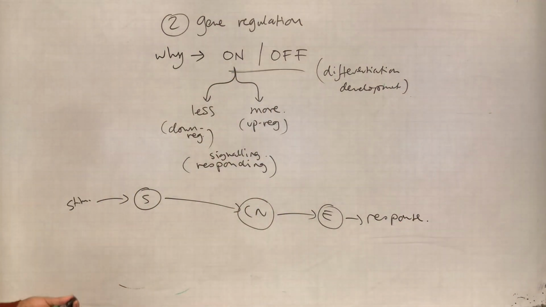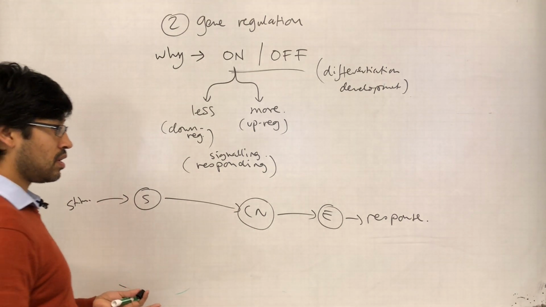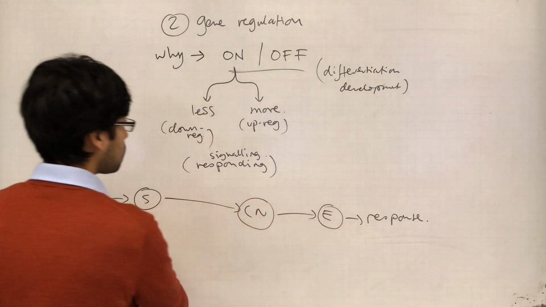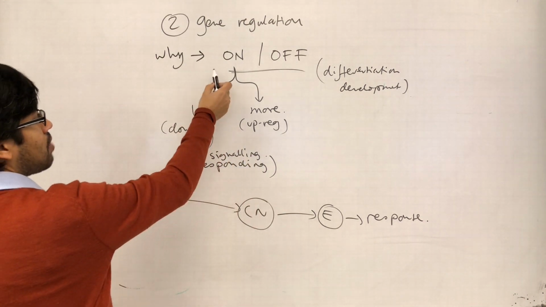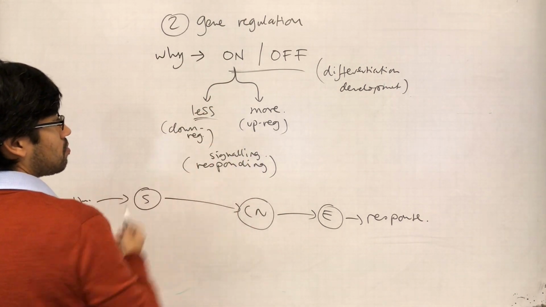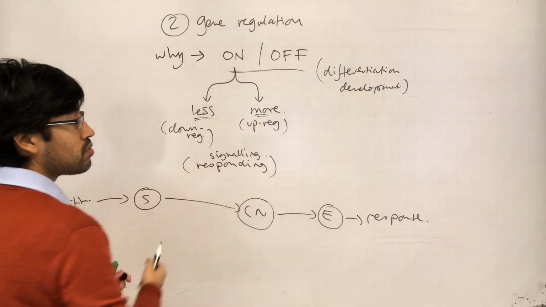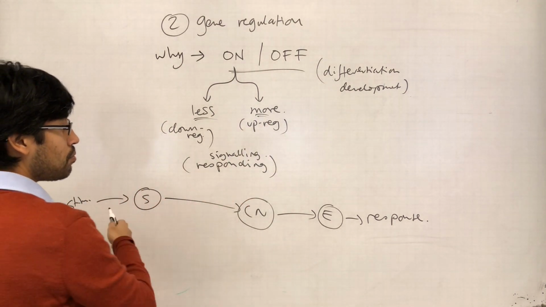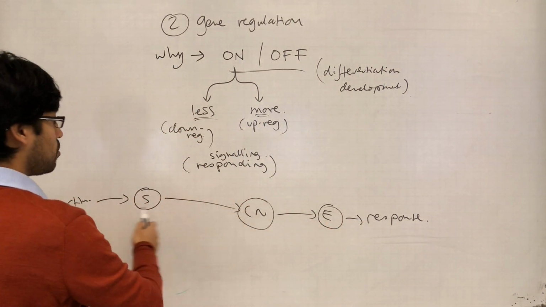Now, one of the responses that cells can make is to alter their gene expression. So in this story, being able to make less of something or produce more of a protein might be a response to a signal.